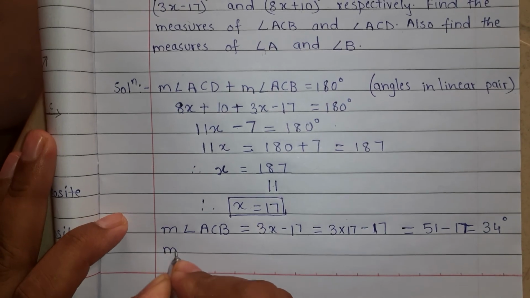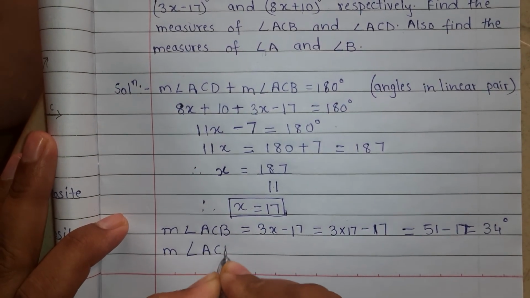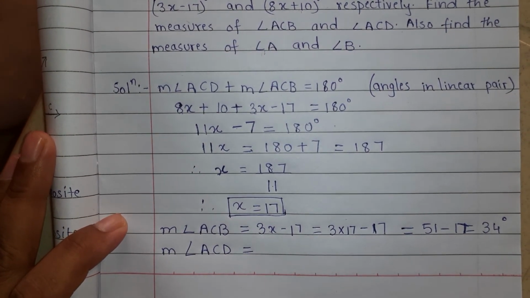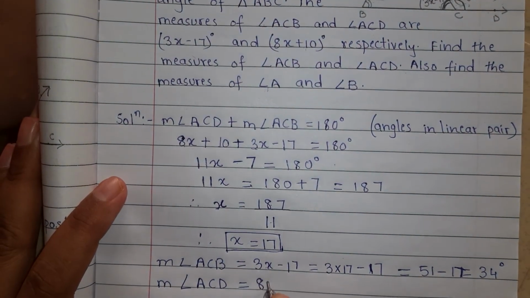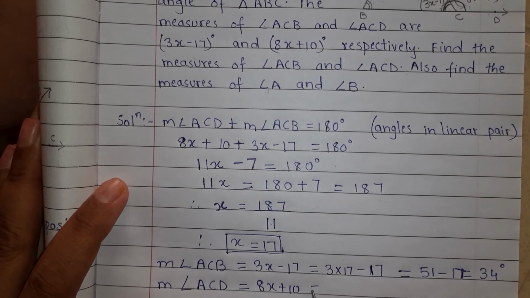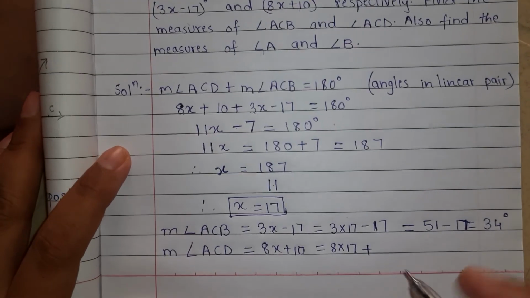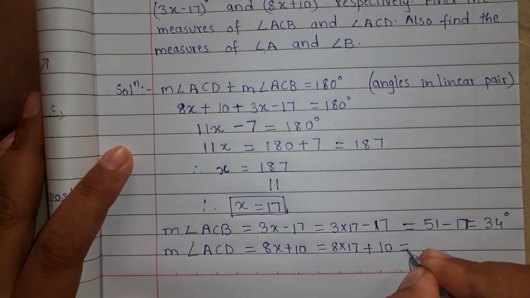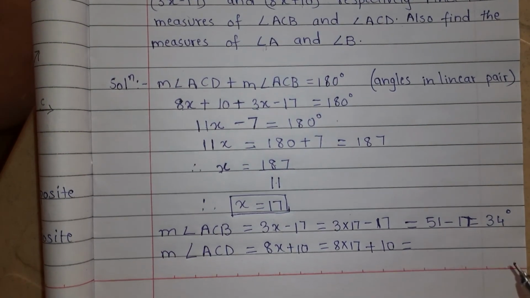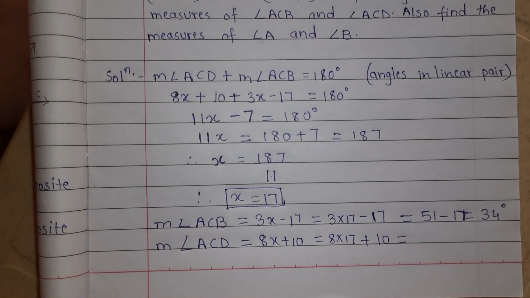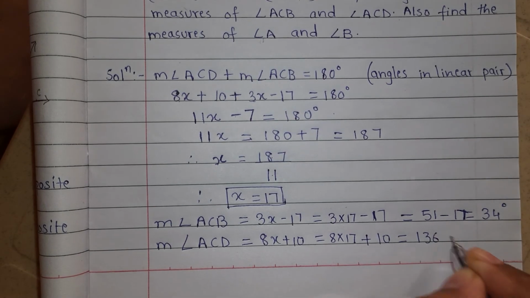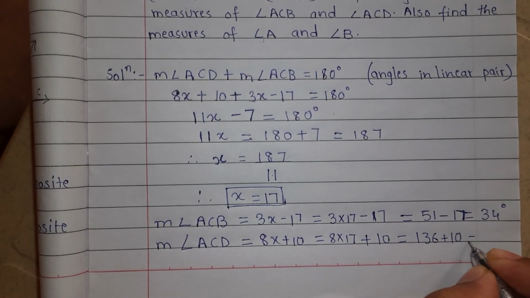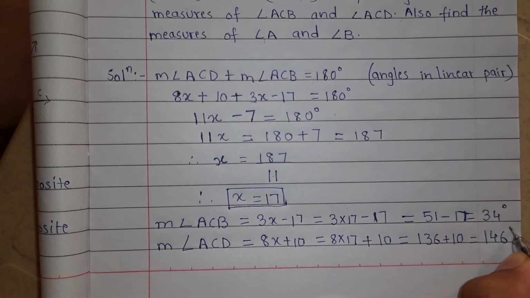Now the second one is measure of angle ACD. ACD is how much? 8x plus 10. But x is 17, so 8 into 17 plus 10 means how much? 136 plus 10 means it is 146 degrees.